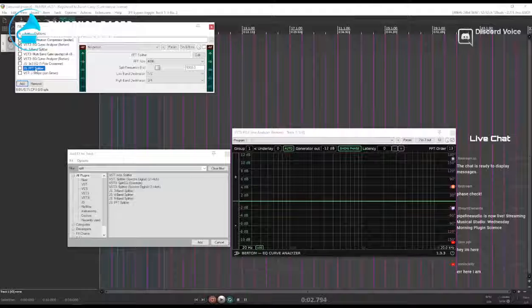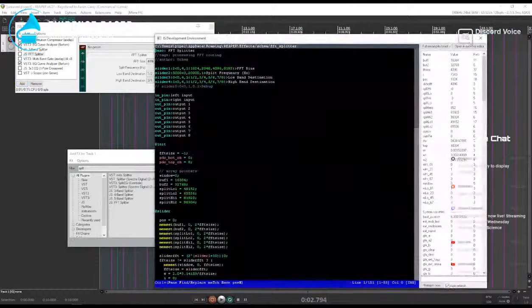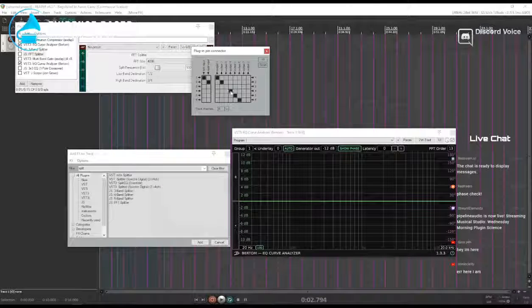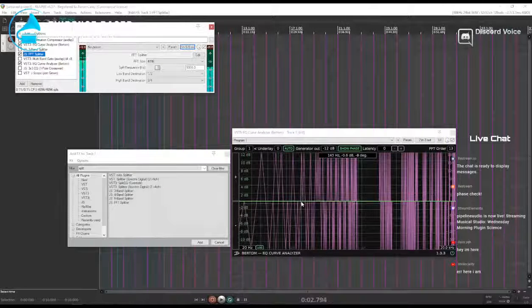Where's the FFT splitter? I think it's just a two-way crossover here. Or no, this is three-way. Well, see, now this is more what I expect to see.